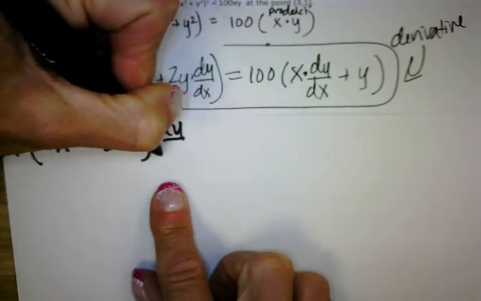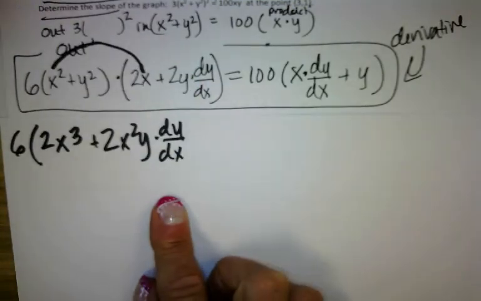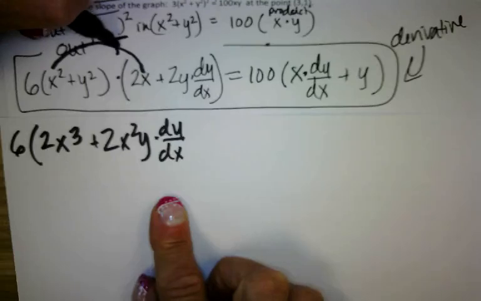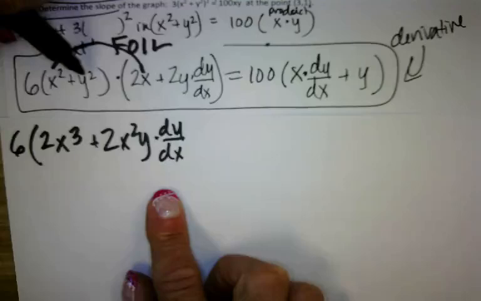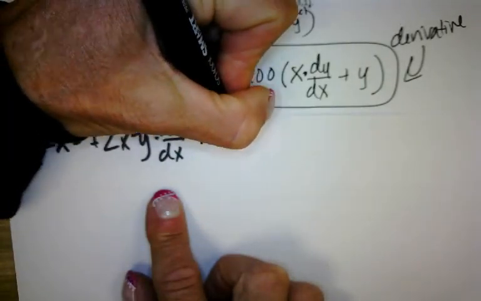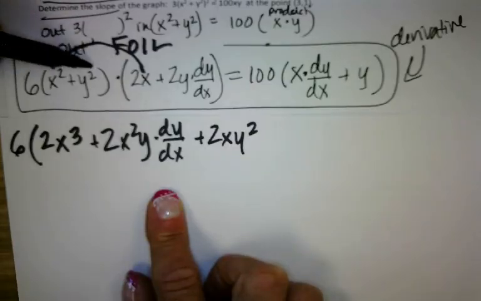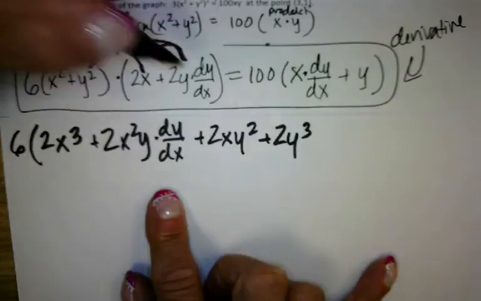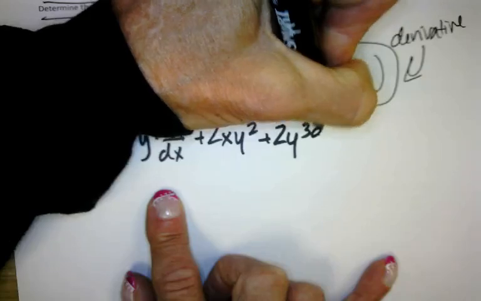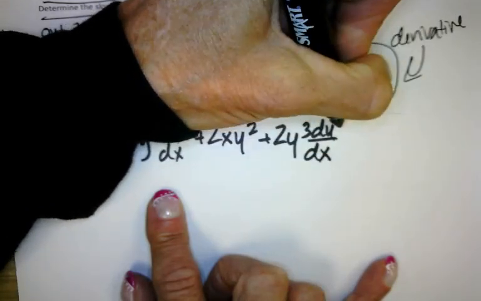The inside is going to be 2xy squared, and the last is going to be plus 2y cubed times dy over dx. Now all of that does need to get multiplied by 6 eventually. Here I'm going to distribute the 100.